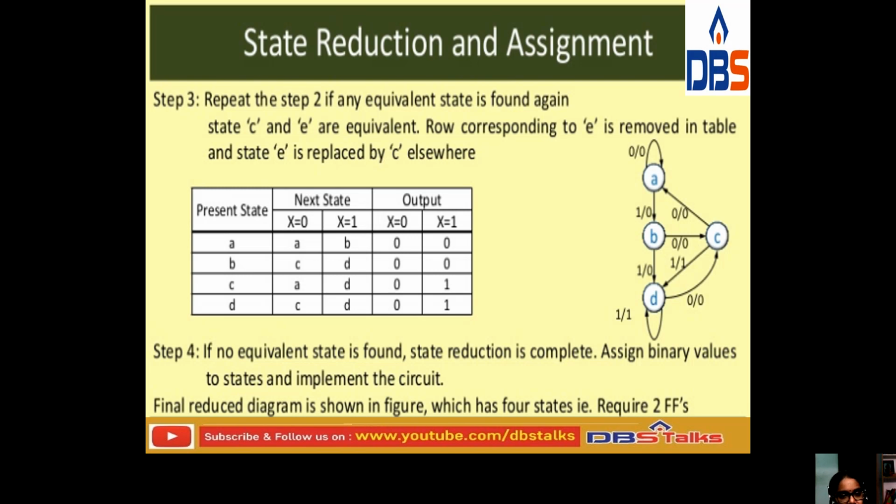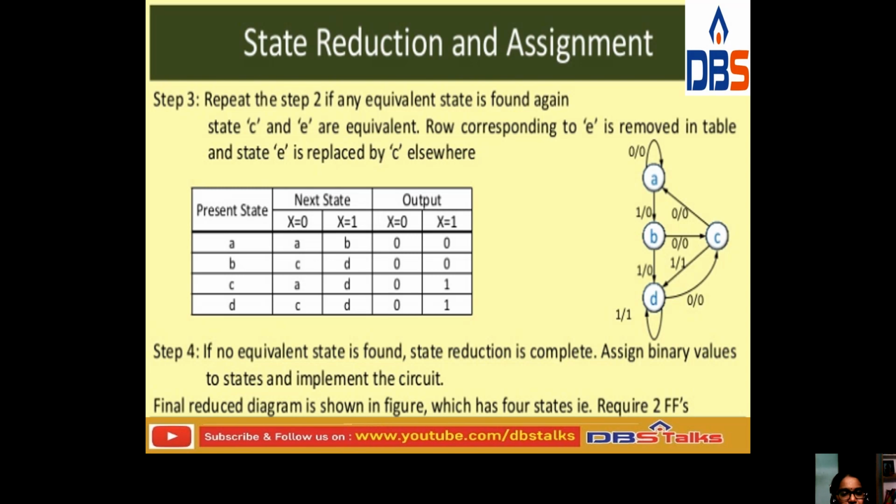At step 4, if no equivalent state is found, the state reduction is complete, and there we are going to assign the binary values. From those binary values, we take some normal values, applying them to both A and B. By considering all these steps, mainly the 4 steps, step 3 and step 4, we consider these values.